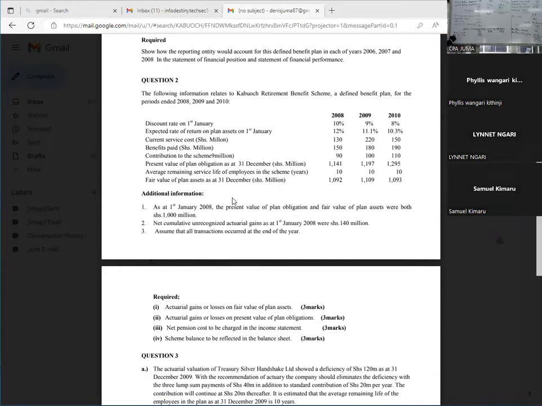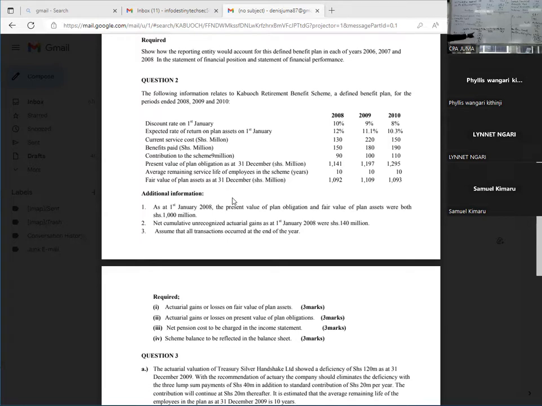Then to P&L, out of 140, we have transferred only 4. Meaning the balance carried down in 208 will be 107. So this is the unrecognized gains at the end of 208.